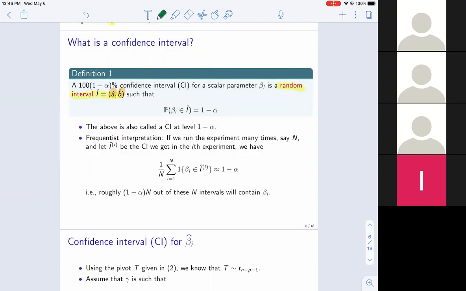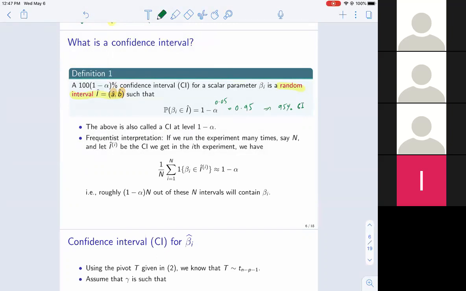If that probability turns out to be 1 minus alpha, then we say this is a 100 times (1 minus alpha) percent confidence interval. If alpha is 0.05, this is 0.95, so you would say this is a 95% confidence interval. With 95% probability, beta i lies in this random interval. This is called the confidence interval of level 1 minus alpha.